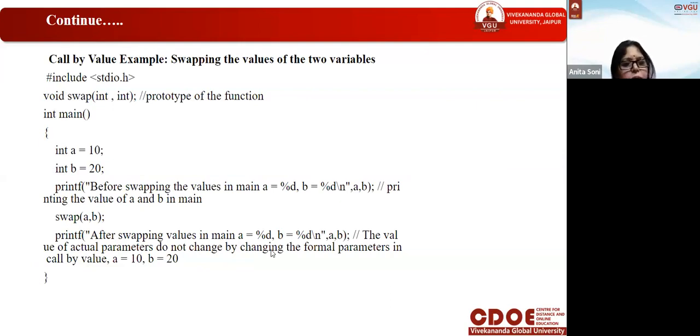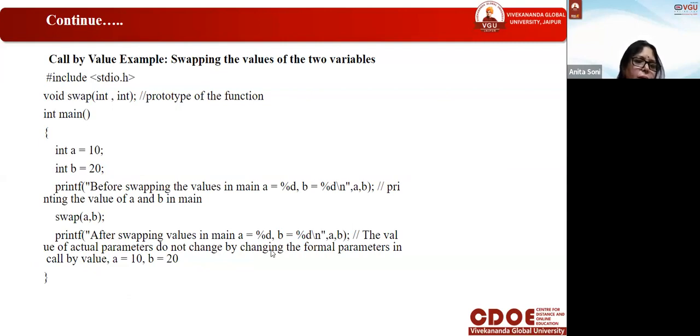Again, you are printing the values of A and B in main. See, A and B are local variables of the main program. Even after swap, when the function returns to the main program, if you see the values of A and B, it will print 10 and 20. Why?